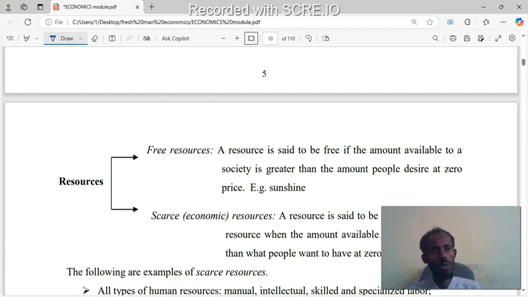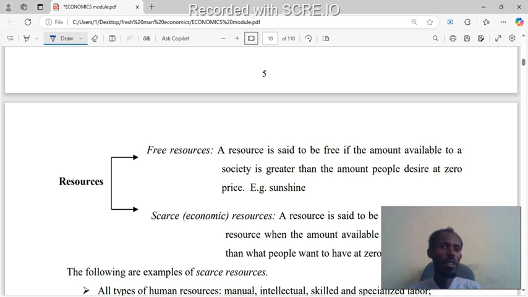A resource is said to be a scarce or economic resource when the amount available to society is less than what people want to have at zero price. For example, if you want fertile land at zero price, the available fertile land is much less than what is wanted at zero price.